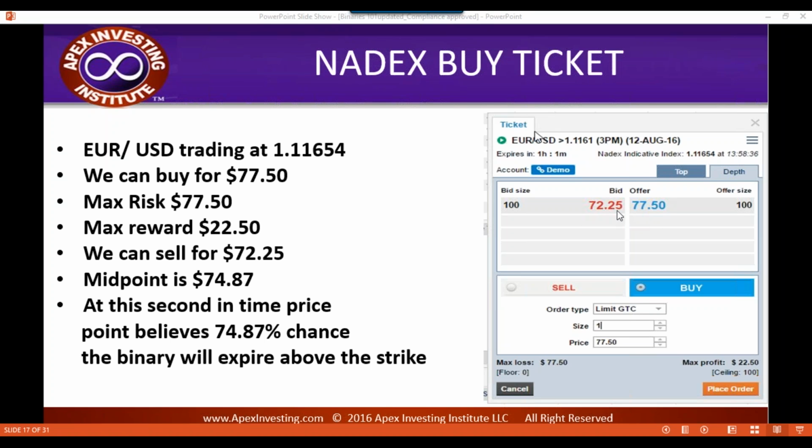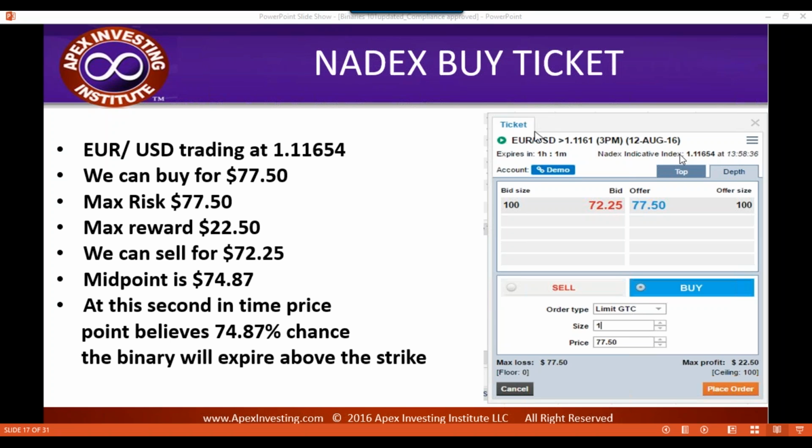And why? Well, let's take a look here. What does the statement say? That the euro dollar will expire greater than 1.1161 at 3 p.m. So the statement says at 3 p.m. the euro dollar will be greater than 1161.